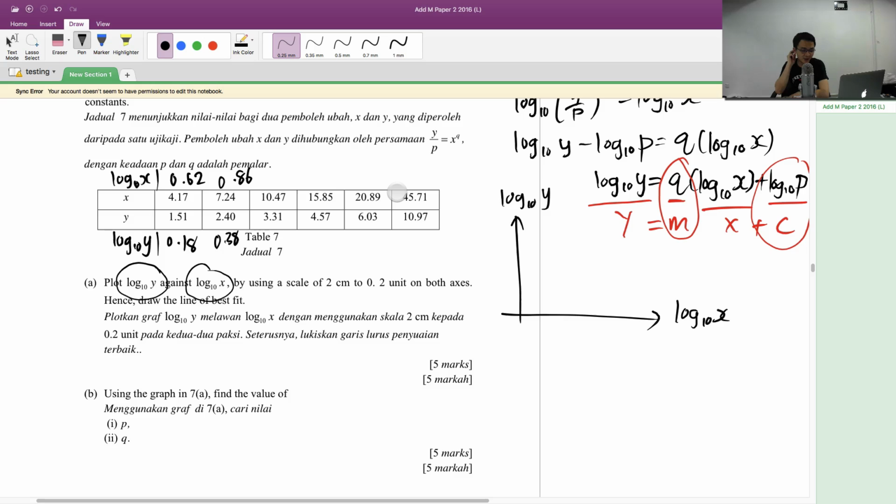So for every linear law question, the coordinates must be left to 2 decimal points. If you ask me, I will recommend 2 decimal points. Why? Because on your graph paper itself, you cannot see more than 2 decimals. Of course, this one depends on your scale. Because your scale here is 2 centimeters represents 0.2 units, I guess 2 decimals should be good.